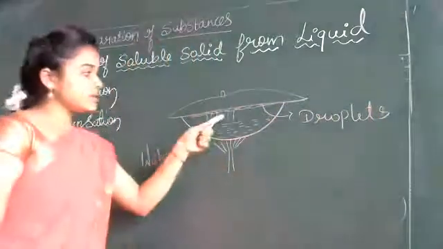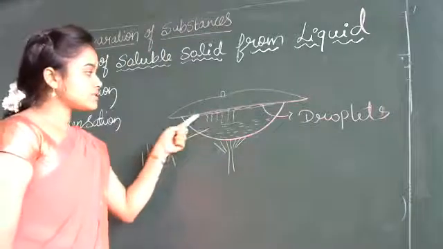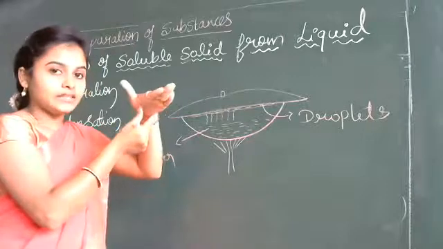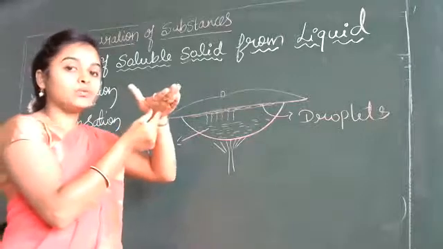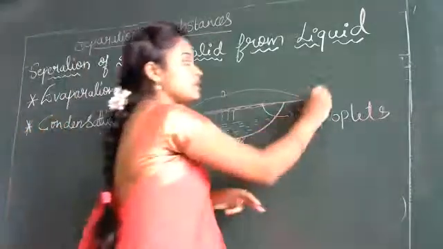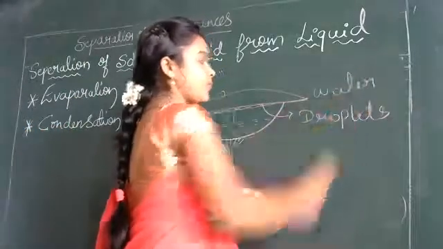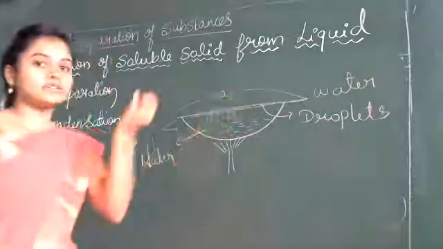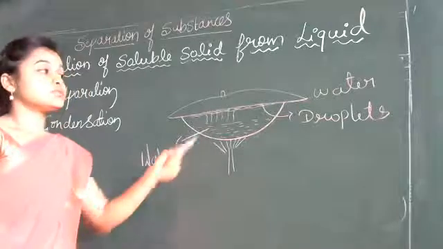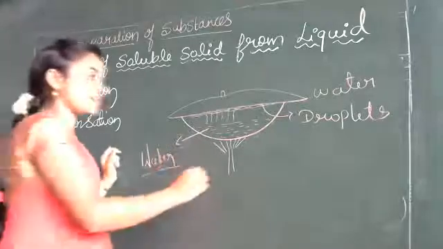What is converted into droplets? These vapors, when they sit at the bottom of that lid, and when we cool those vapors, are converted into water droplets. And again, those water droplets we can get in the form of water. So what we are doing here?